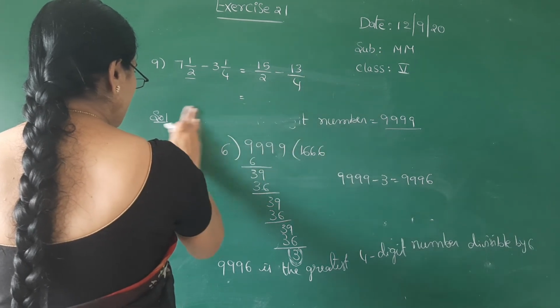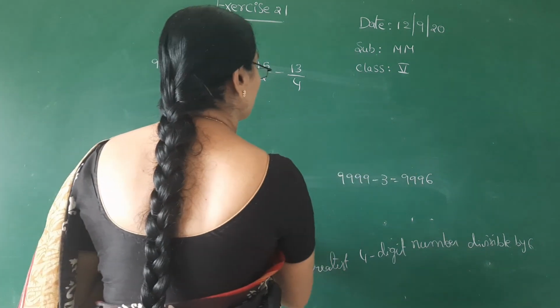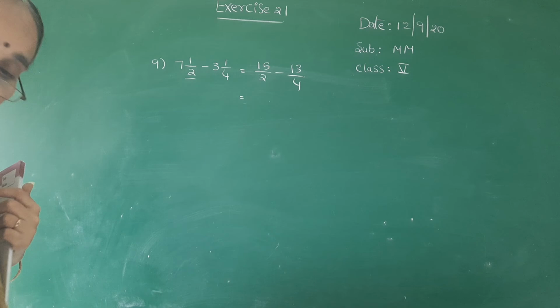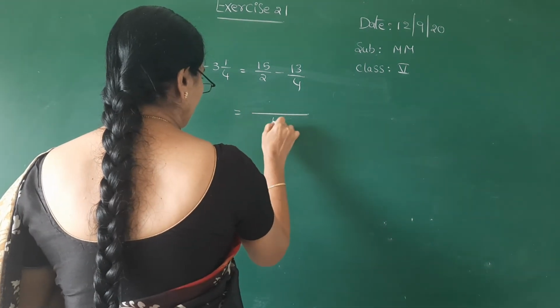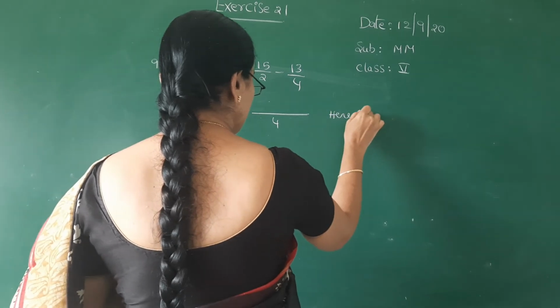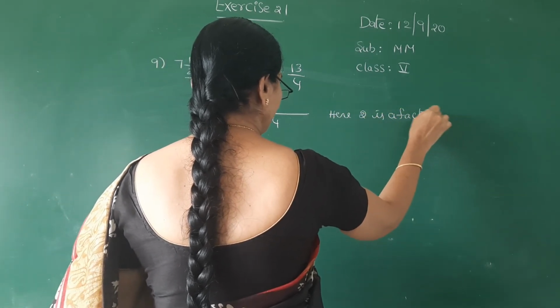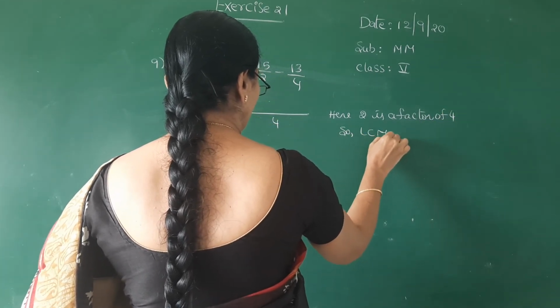So here how much is the LCM? For 2 and 4 the LCM is 4, because 2 is a factor of 4. You already did these in 4th class also. So the LCM is equal to 4.